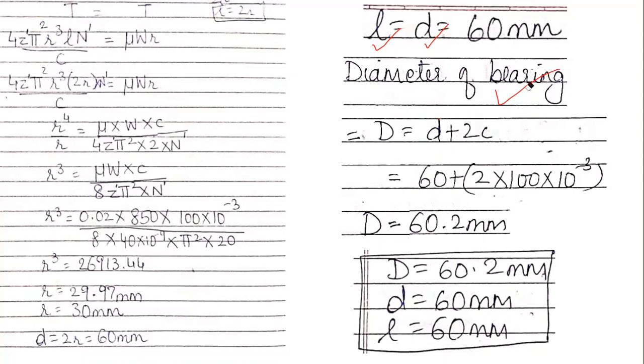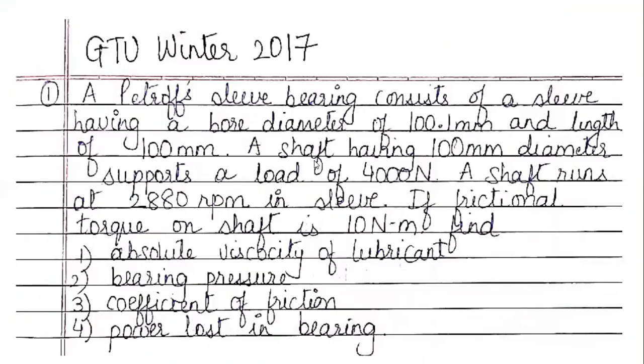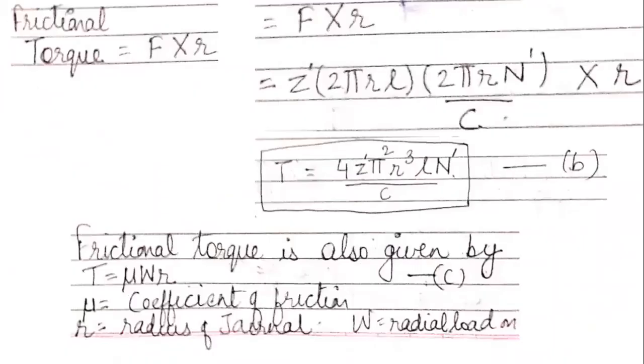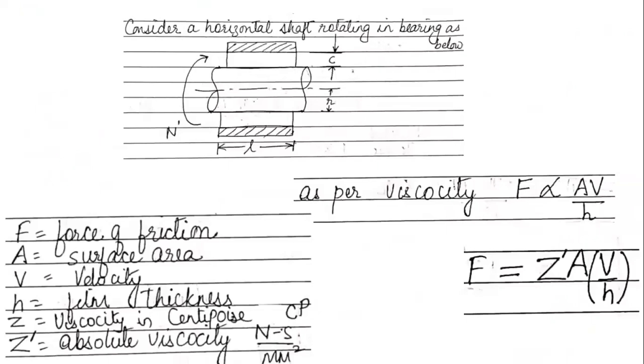How did I come to this formula? Let me take you to the diagram, the very first diagram, which is this one. You can see here, if this is the bearing, this whole is the bearing, then that will become D plus, this is 1C, and this is another C, the next clearance.